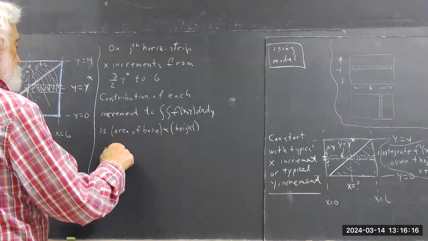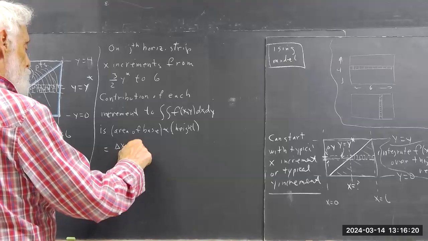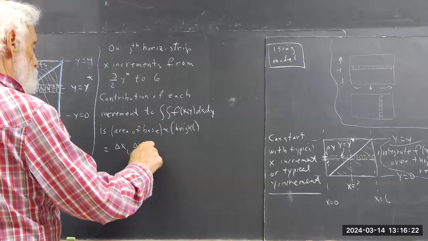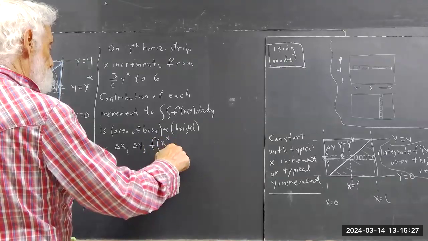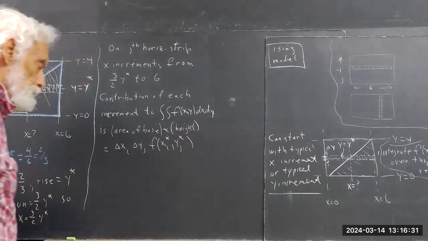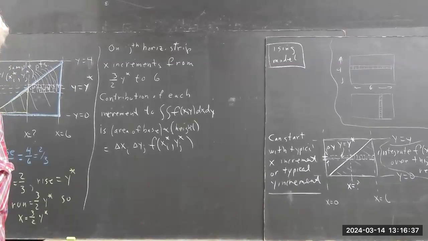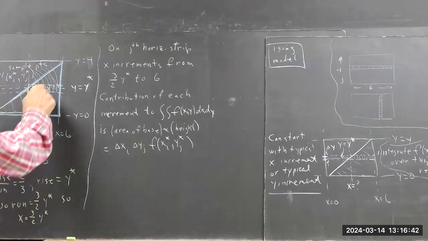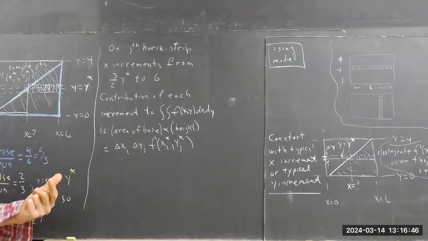Base times the height, which is delta xi delta yj times f of xi star, yj star. Again, we're focusing just on what happens in front of these little engines here, and then we're just summing it up.